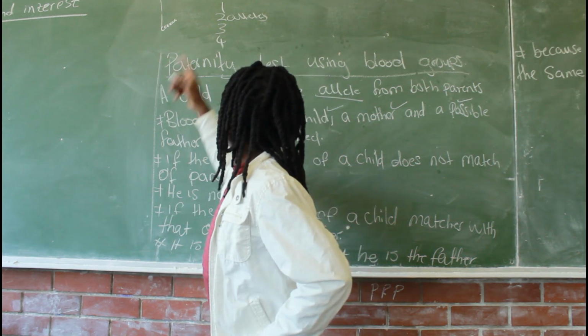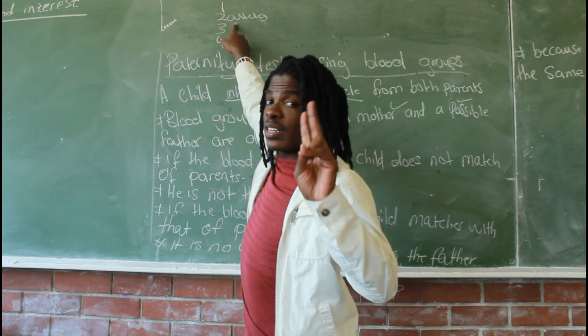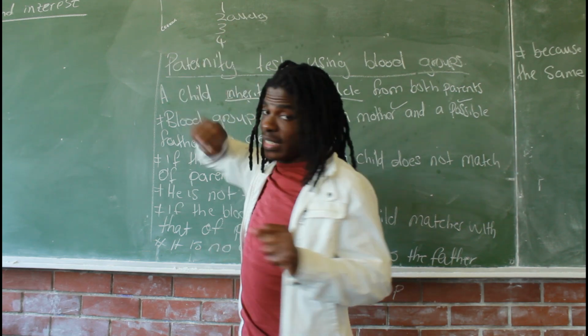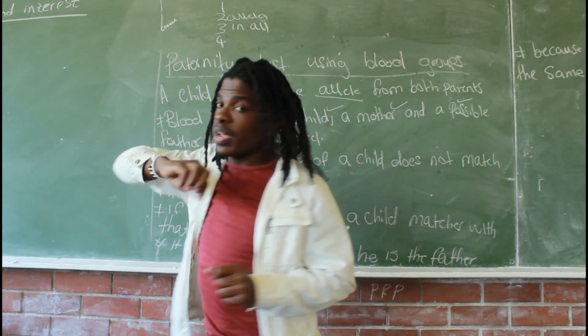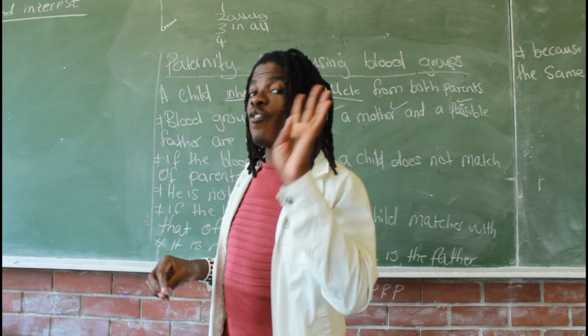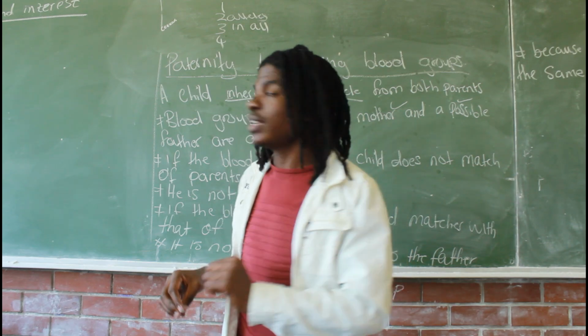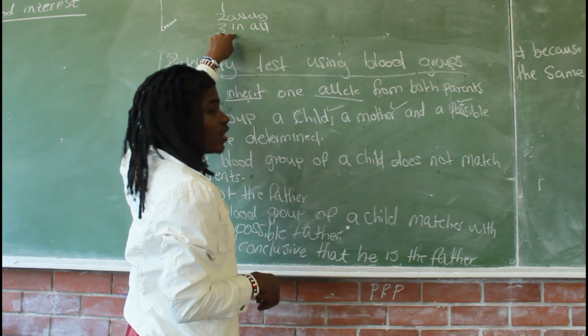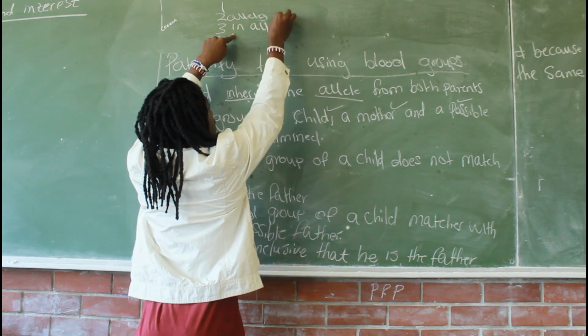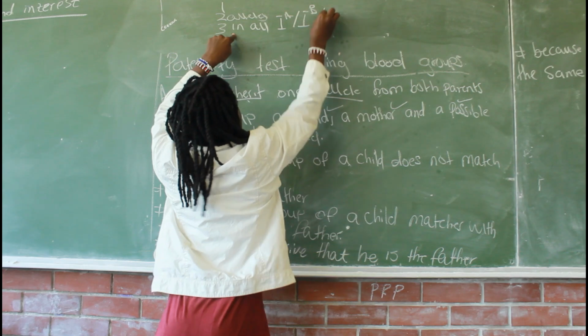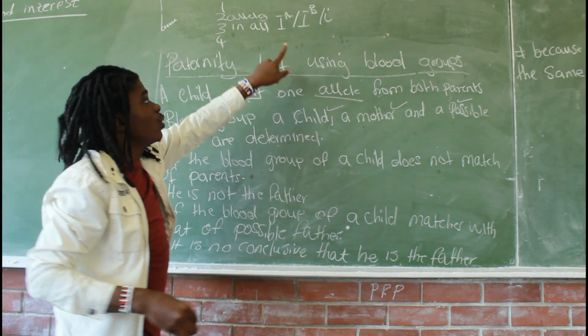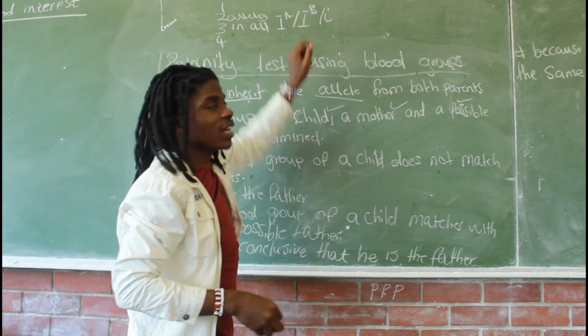So a person can only have 2 alleles, but there are 3 alleles in all for blood groups, and then we have 4 blood types. The 3 alleles are A, B, and i.